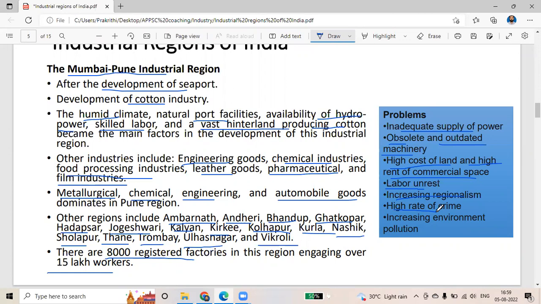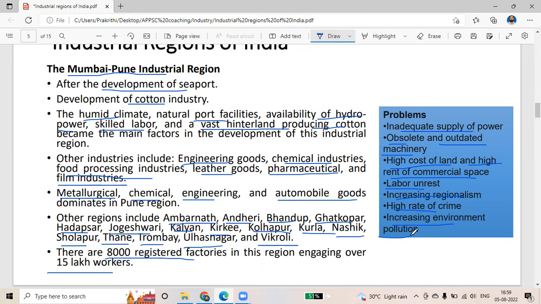Then increasing environmental pollution. Industry means pollution, the secondary sector. Whatever production there is, it will emit carbon dioxide, carbon, or some other kind of gas. Other than this, they will pollute water.